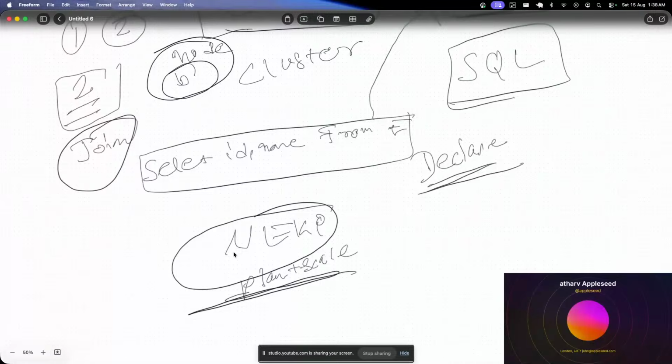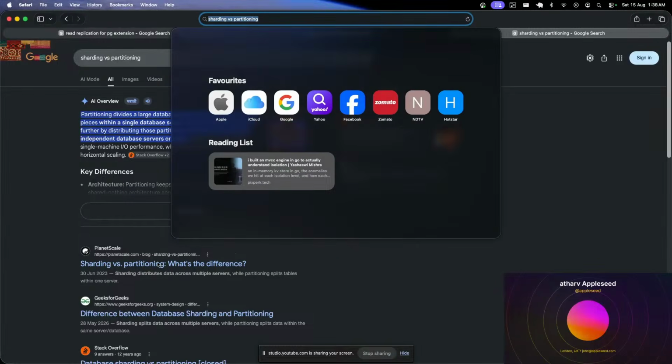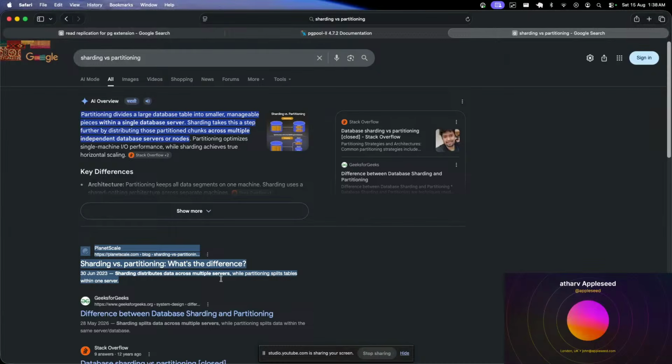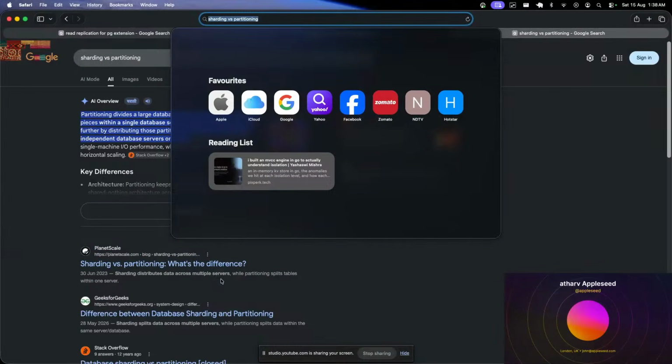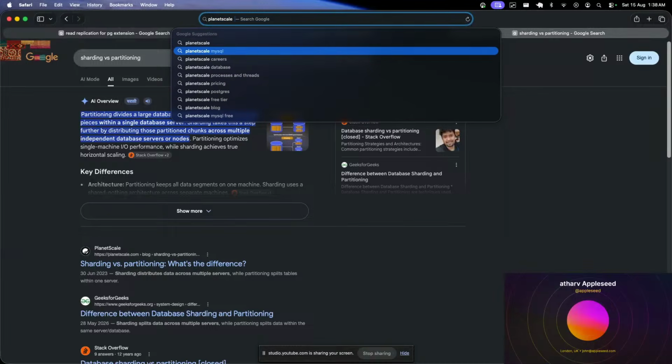They actually started with MySQL first, and they have released Neki recently, I guess. Not Nikio, it's Neki. So we can go to the PlanetScale blog, the first one. PlanetScale is the database company. I love it.